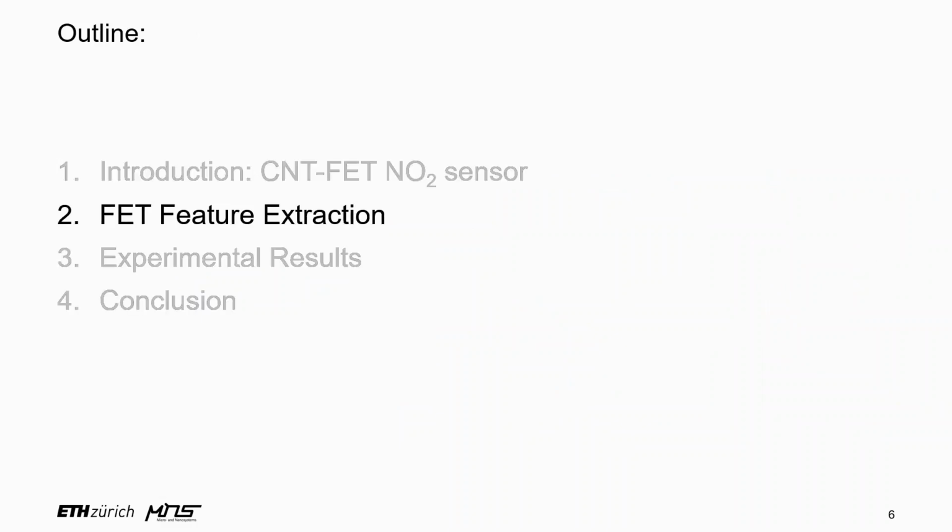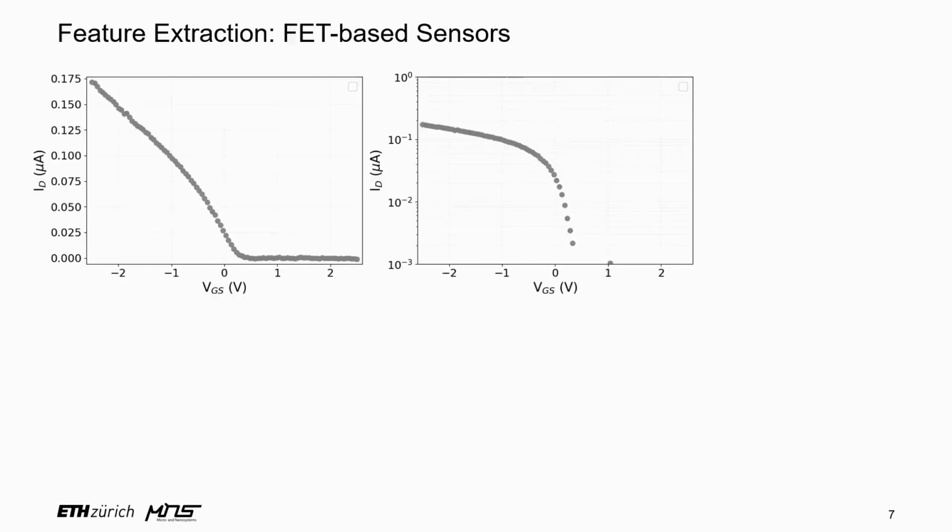Now I will talk about the feature extraction method from these transistor transfer characteristics. Here you can see another example of our carbon nanotube transfer characteristics. What people in the literature, but also we in our previous studies, did was to focus on only a single feature from these transfer characteristics.